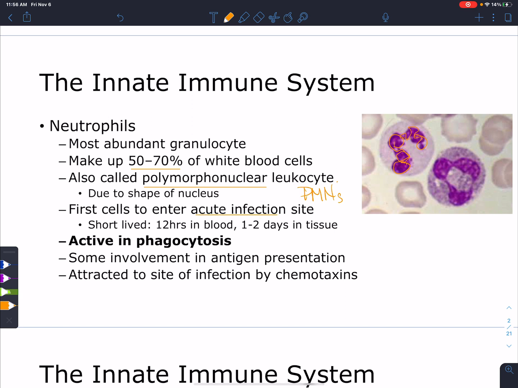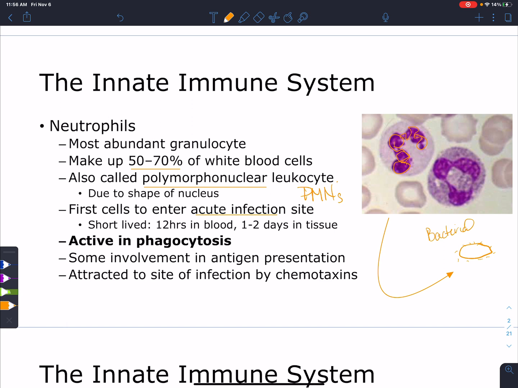And what I want, and I don't have it on here, these guys show up when we have a bacterial infection. So that's what neutrophils are for, bacterial infections, particularly.